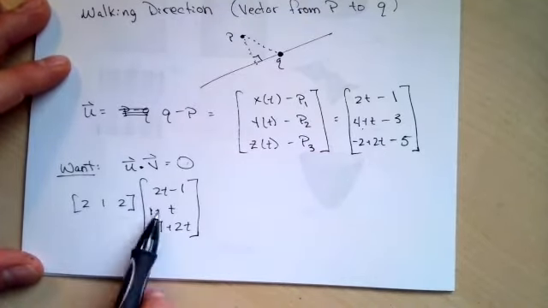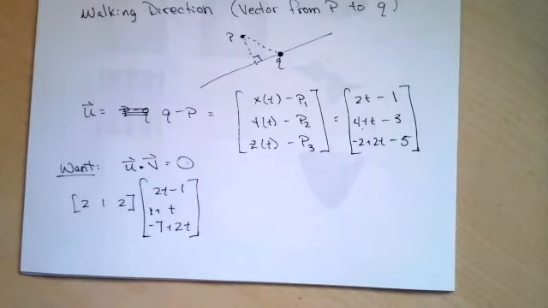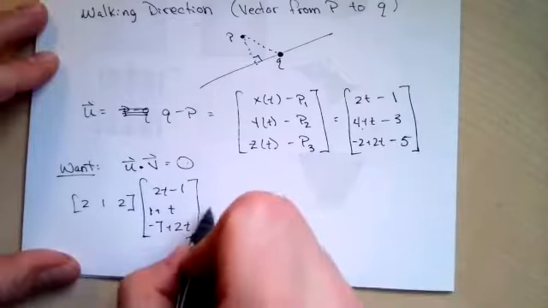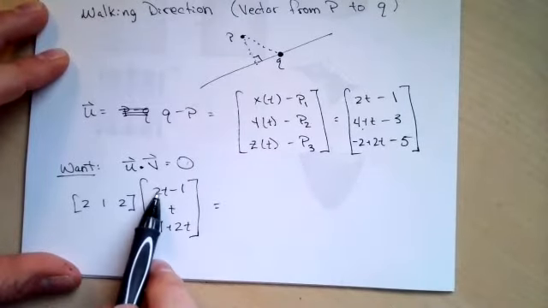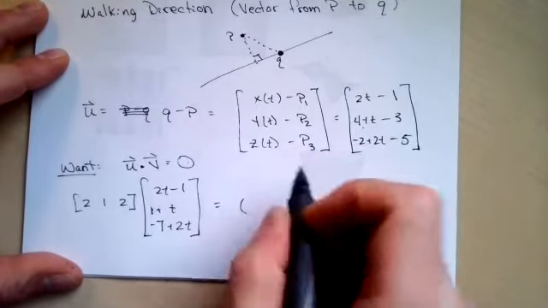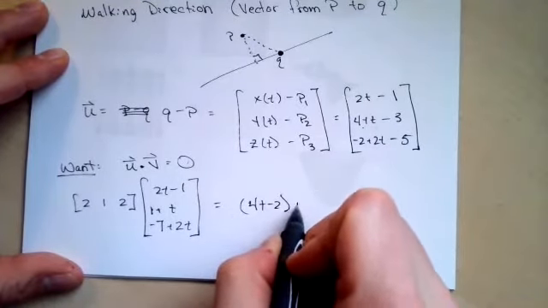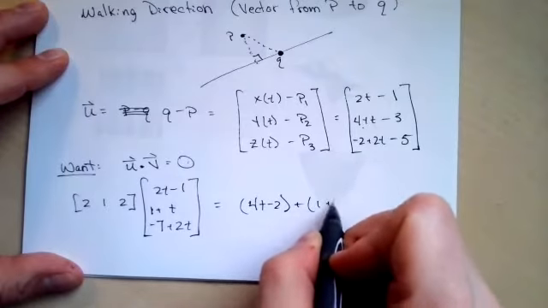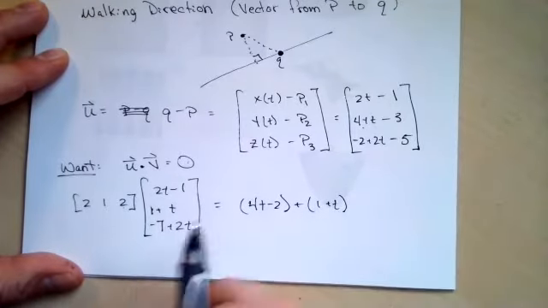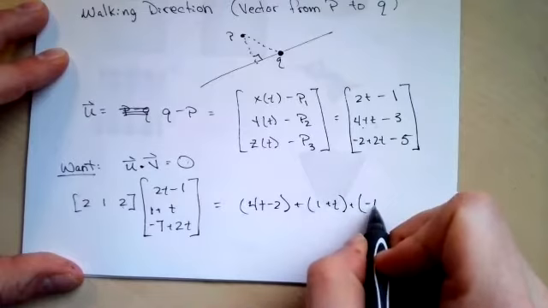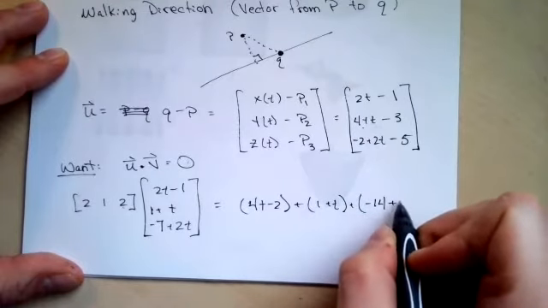So the dot product, of course, we can write as a product of a row vector and a column vector. And what's that going to give us? That'll give us 2 times this guy, which is 4t minus 2, plus 1 plus t, plus minus 14 plus 4t.